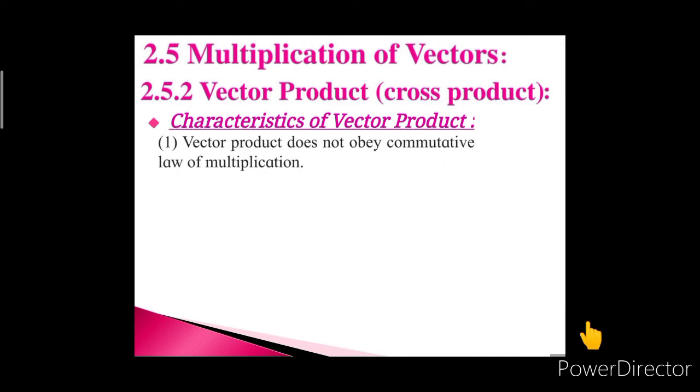The first characteristic of a vector product is given. The vector product does not obey the commutative law of multiplication.